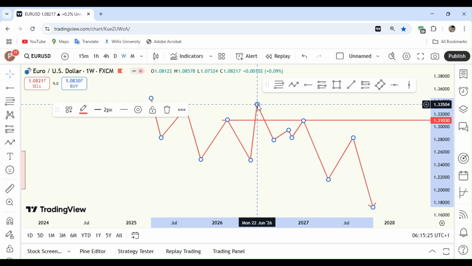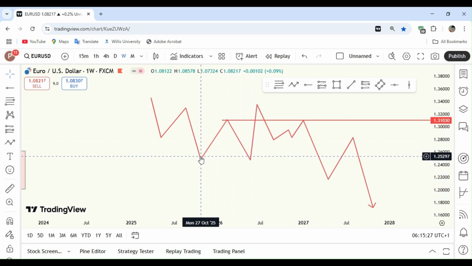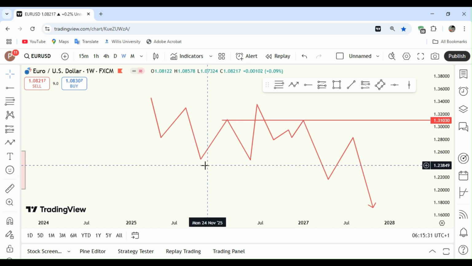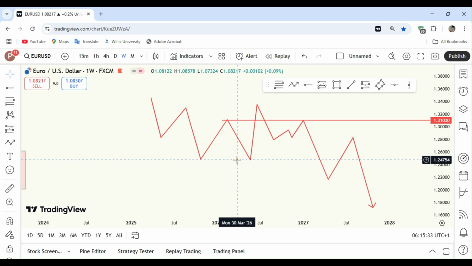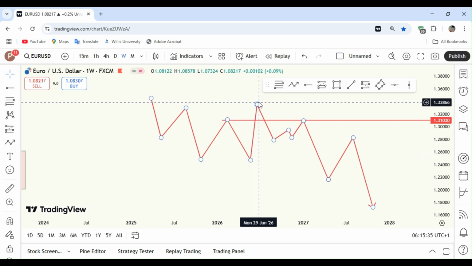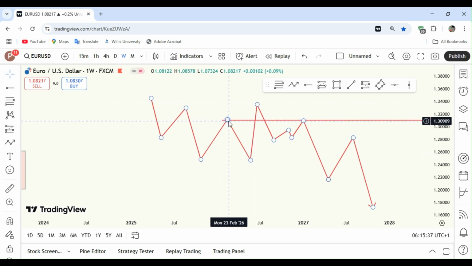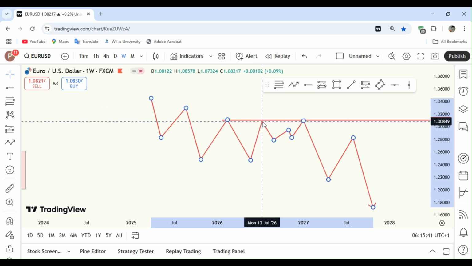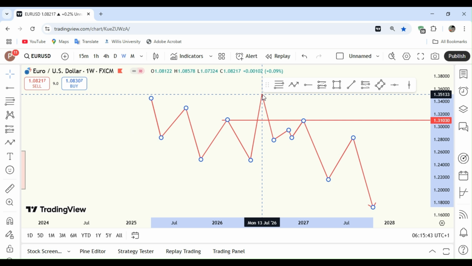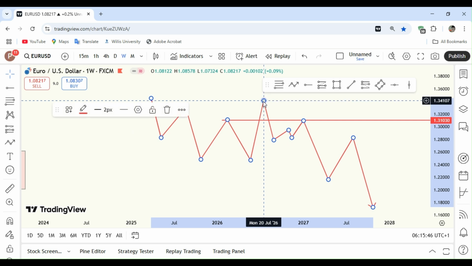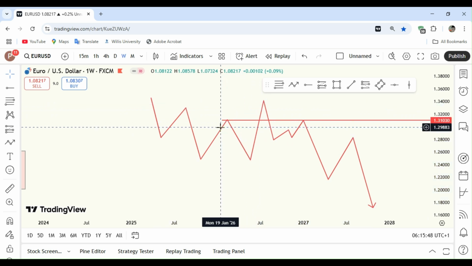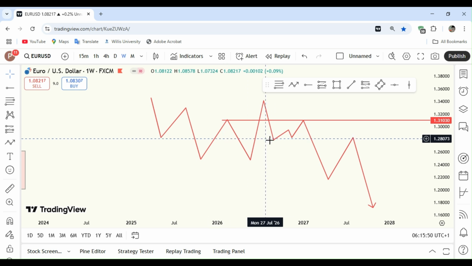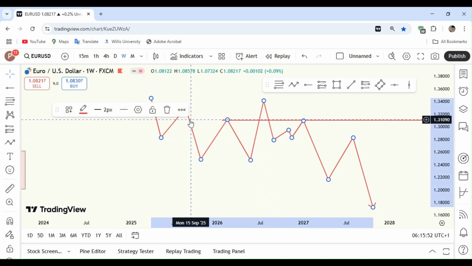In as much as we put up a double bottom here, or as you can call it, an equal low here, and we fail to break above this neckline, as you may call it, we are still bearish. Until we break above this neckline and close above it, we can't say a market structure shift just happened, and only then can we change our bias.